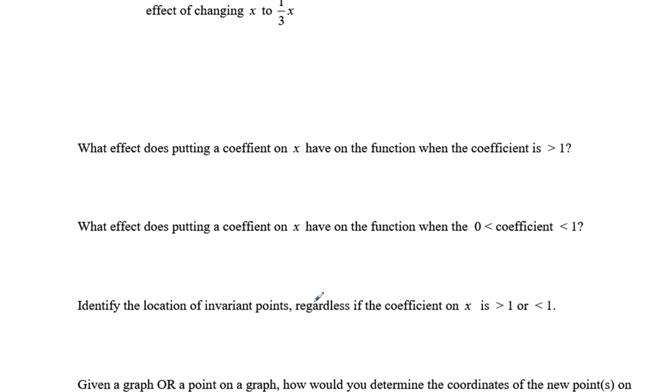Meaning, the invariant points are the y-intercept. How come? Because what's the x value? 0. Go ahead, make 0 wide, make 0 narrow. You don't change it. Meaning, the invariant points are going to be the y-intercept.